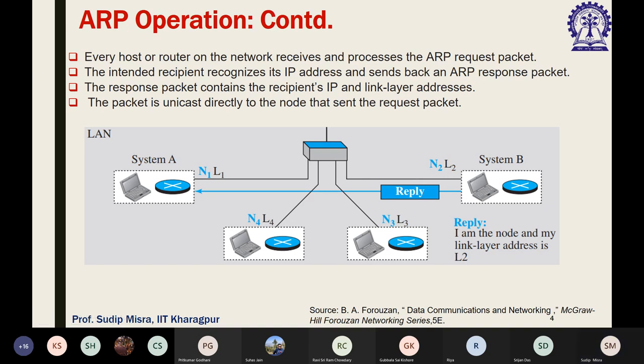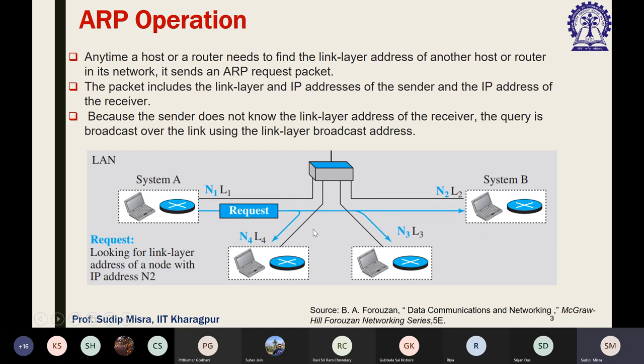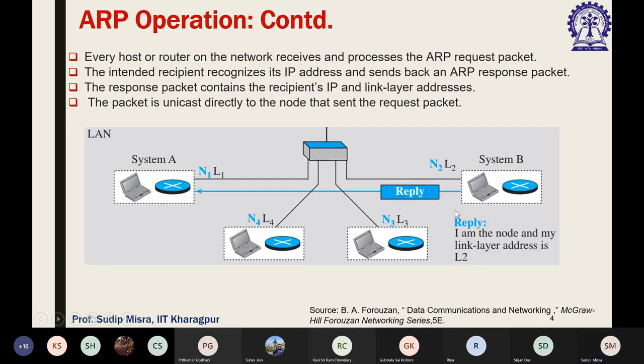Why is the request broadcast and the reply unicast? Let us take an analogy. Let us say I am in the actual classroom, and I want to know who a particular student, let us call him X, is. So I broadcast this message; I ask in the class, who is X?